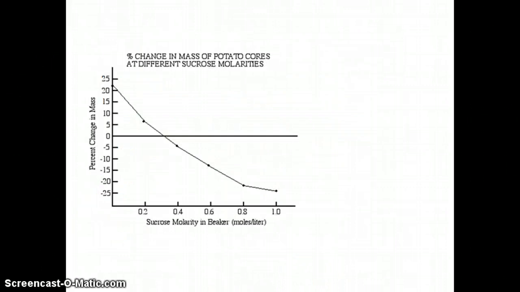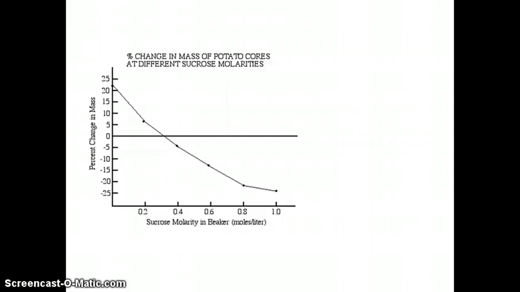In our experiment in our lab, we made in class a rough graph that looks similar to this. This doesn't look so rough, it looks very professional. Ours was a little rougher. And I said to you, we can figure out the situation where our cell would be at dynamic equilibrium.